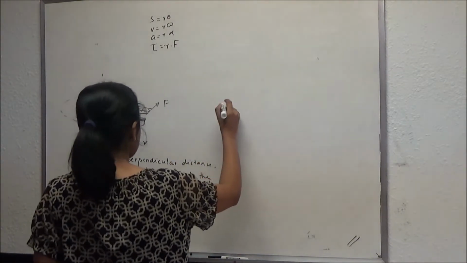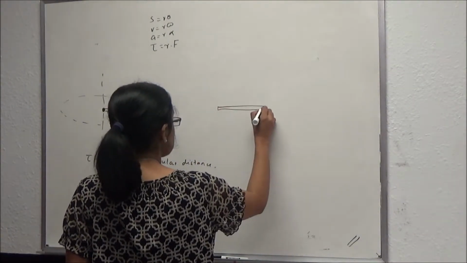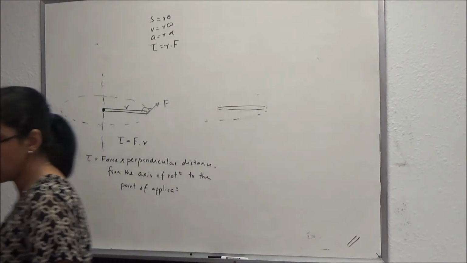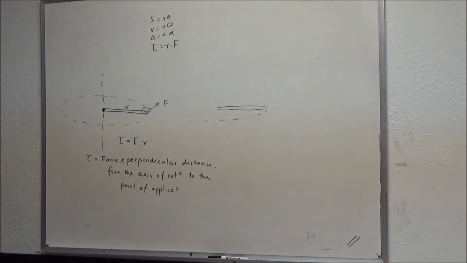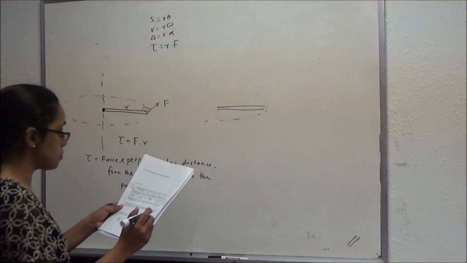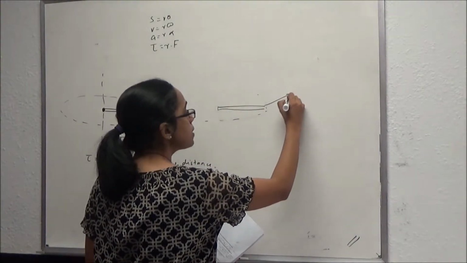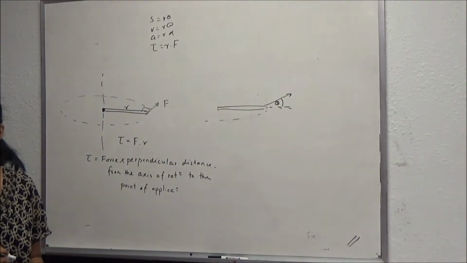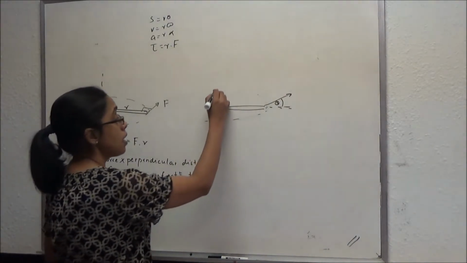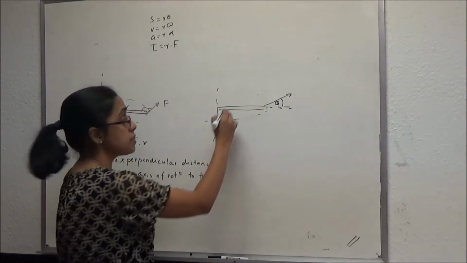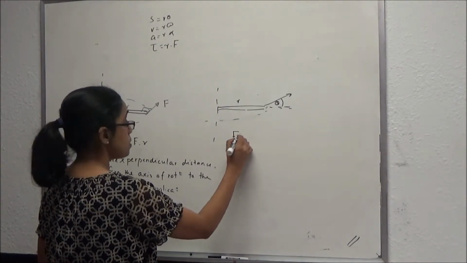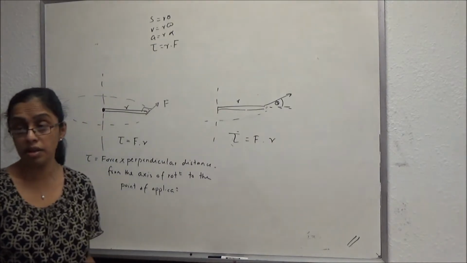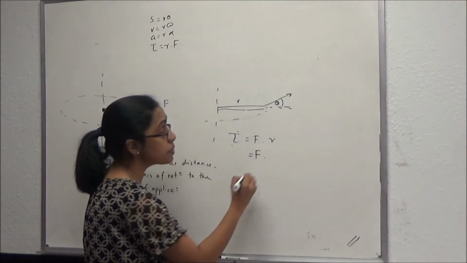Let's take an angled situation, like this, so that there will be an angle theta between the force and this line, and still this is rotating, and this is R. Now once again, tau equals F into R, so R is the perpendicular distance.